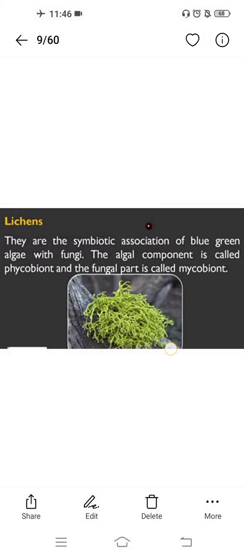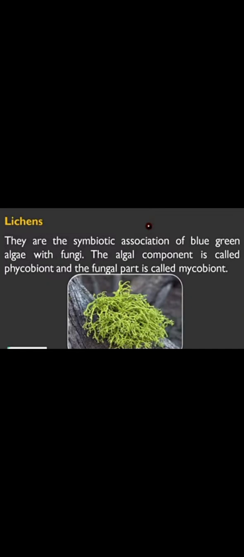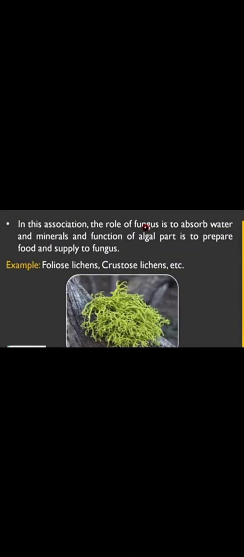The algal component is called phycobiont and the fungal component is called mycobiont. In this association, the role of fungus is to absorb water and minerals, and the function of algae is to prepare food and supply it to fungus. Examples are foliose lichen, crustose lichens, etc.